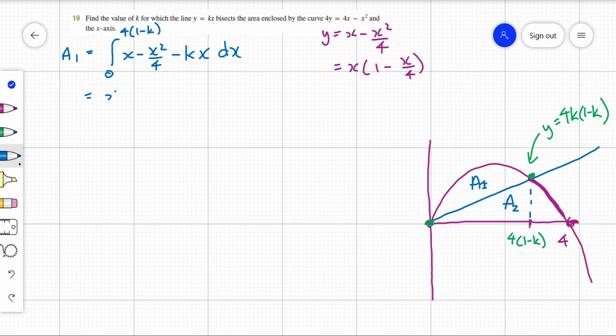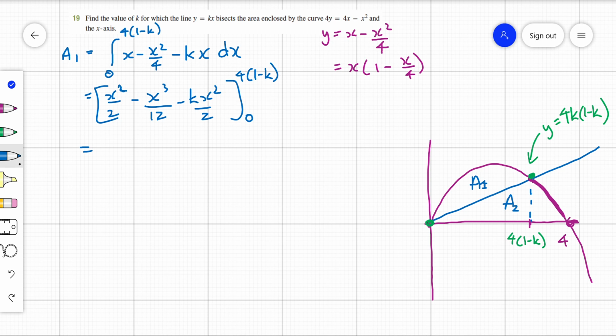So we've got x squared on 2, minus x cubed, add 1, divide by 3, so you get 12 there, and kx squared on 2. Alright, so it's nice because if we put the 0 in, we get 0 because everything's got an x in it, so that's fine. We could factorize before we sub in.